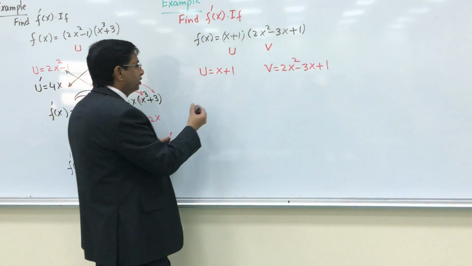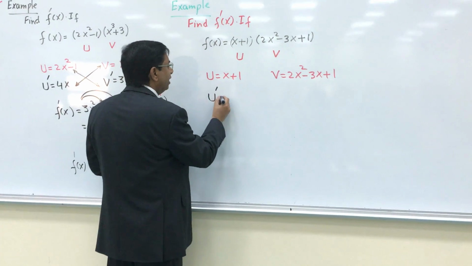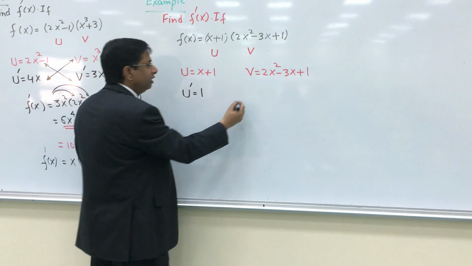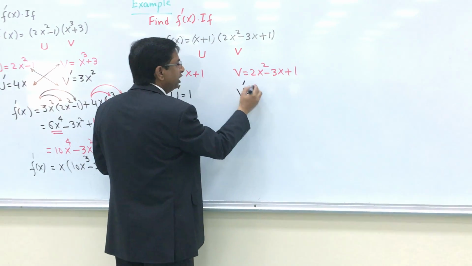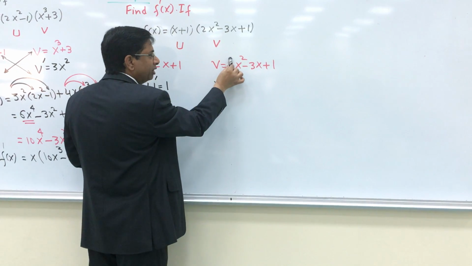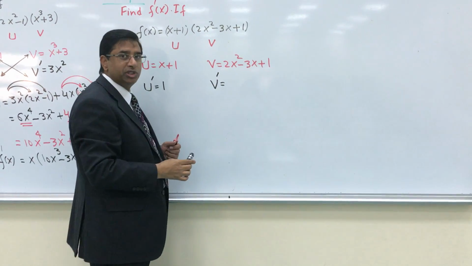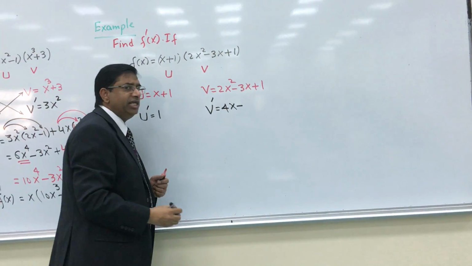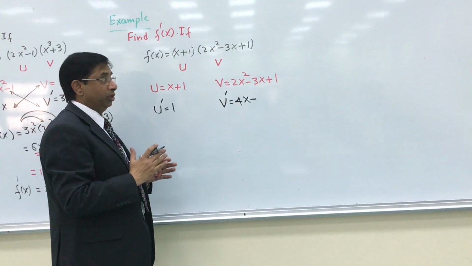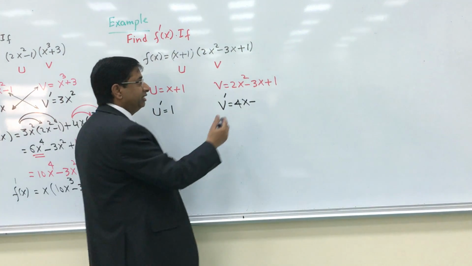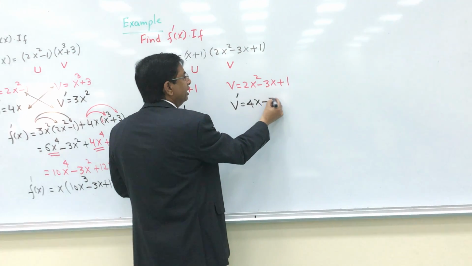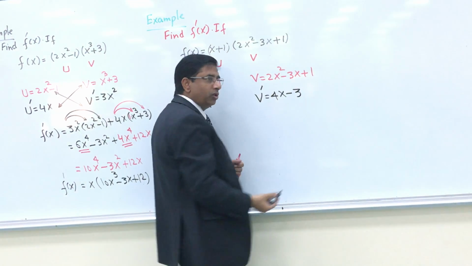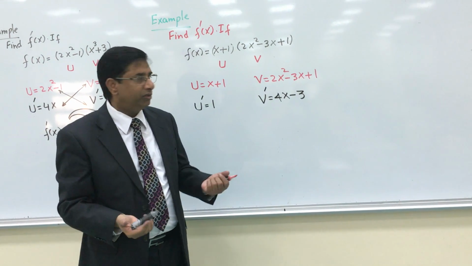That's it. So here we have u prime: x derivative is 1 and 1 derivative is 0, no need to write. V prime: we differentiate 2, a constant before a variable, so keep it as it is. X squared derivative is 2x, so this comes to 4x. Minus 3 is a constant before a variable, so we keep it as it is and find the derivative of x. So this comes to minus 3. And the derivative of 1, which is a constant number, of course is 0, no need to write.